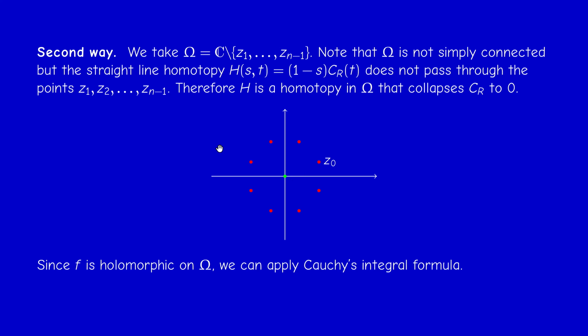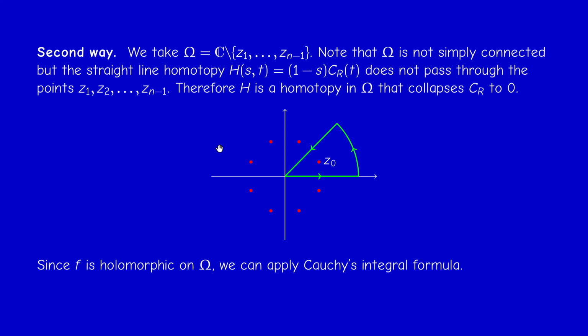I hope this convinced you that I can shrink or collapse my loop to a point in omega, because we are far from the remaining roots. And so we can apply Cauchy's integral formula, and we get the same result. So you have two ways for justifying the use of Cauchy's integral formula, and usually I put 3 or 4 points on this because we have to be rigorous. It's completely the same.